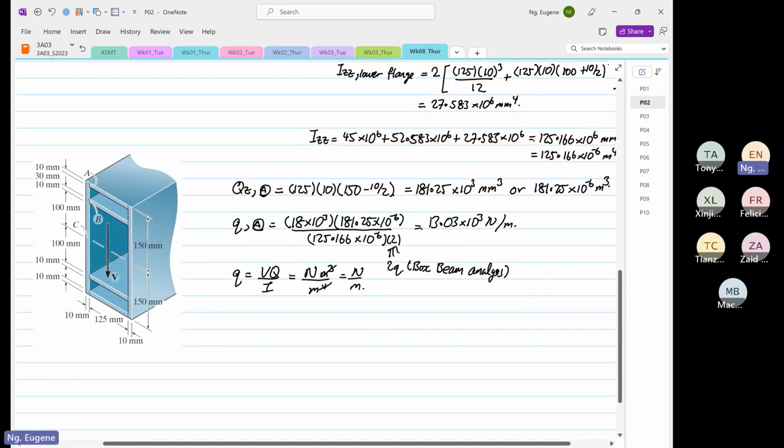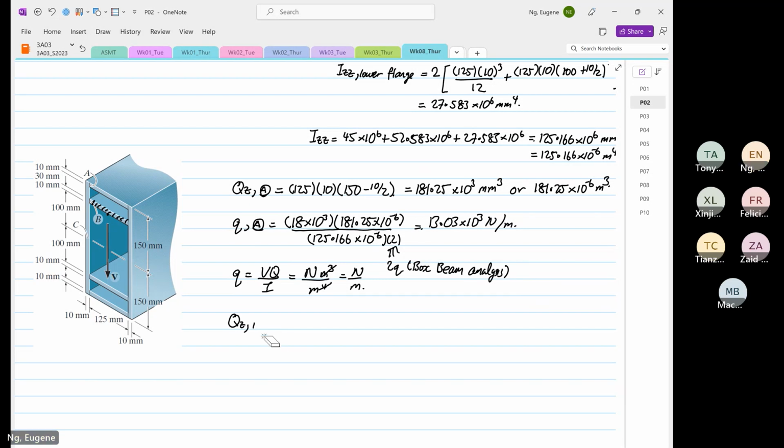So we already know the area, so now we're going to do the first moment of area at point B. Okay, so Qz at point B now. Once you know what area to take, it is so easy now, right? So 125 multiplied by 10, so that will be 100 plus 10 divided by 2.